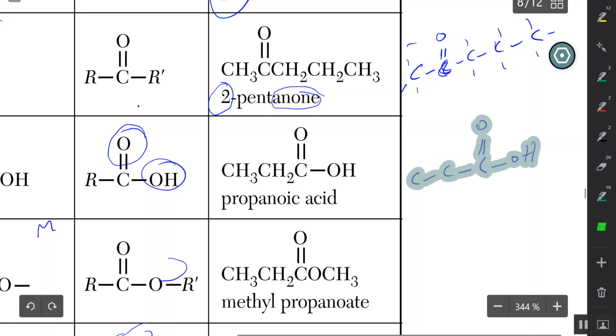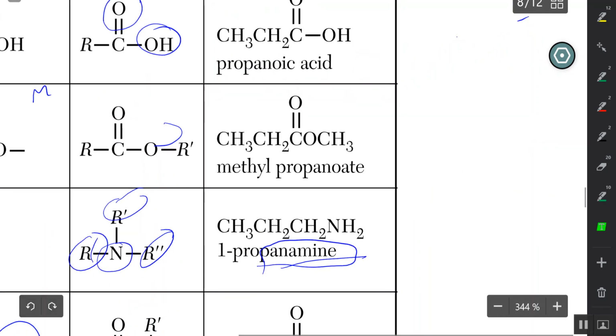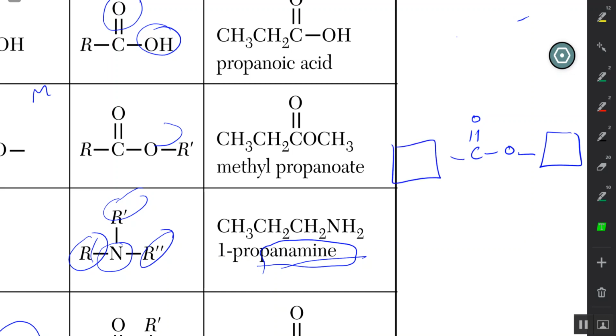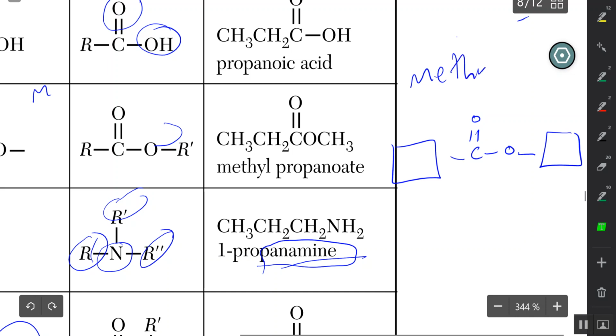Okay. Next, methyl propanoate. So, -anoate means that you have a double bonded oxygen and another oxygen. And this is attached to one functional group here. And this is attached to another functional group here. So here's the name, methyl propanoate. So the propanoate is going to have to be on that side.